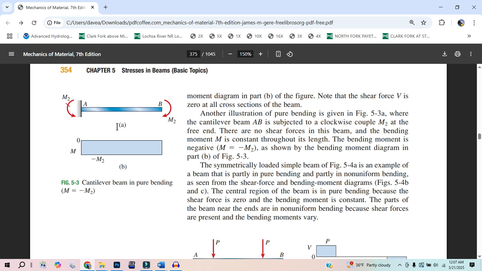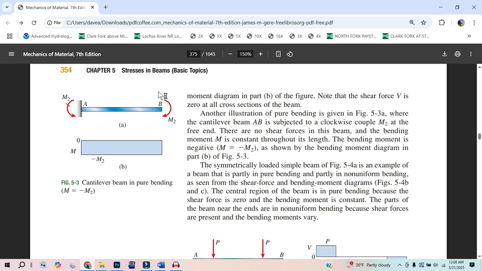All right, so this said figure 5.3a, and that's where the cantilever beam AB is subject to a clockwise moment M2. So clockwise, keep in mind the convention, that's where you have to bounce back and forth between conventions. A clockwise moment is going to be a negative moment. Counterclockwise is positive. But now you have to think, which side is it on?